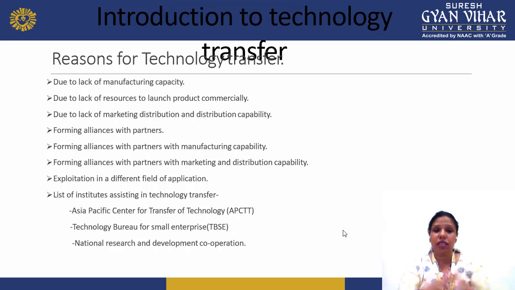For example, two companies want to make an alliance for better profit and better performance, so they can transfer their technology to each other. Company A can transfer their formula to company B, and company B can also transfer some technology to company A. So to make an alliance with partners, technology transfer may occur.